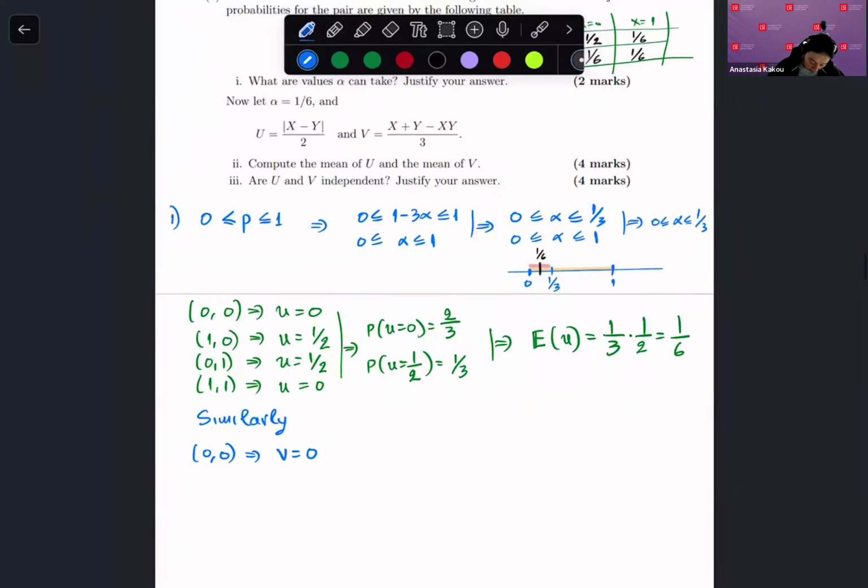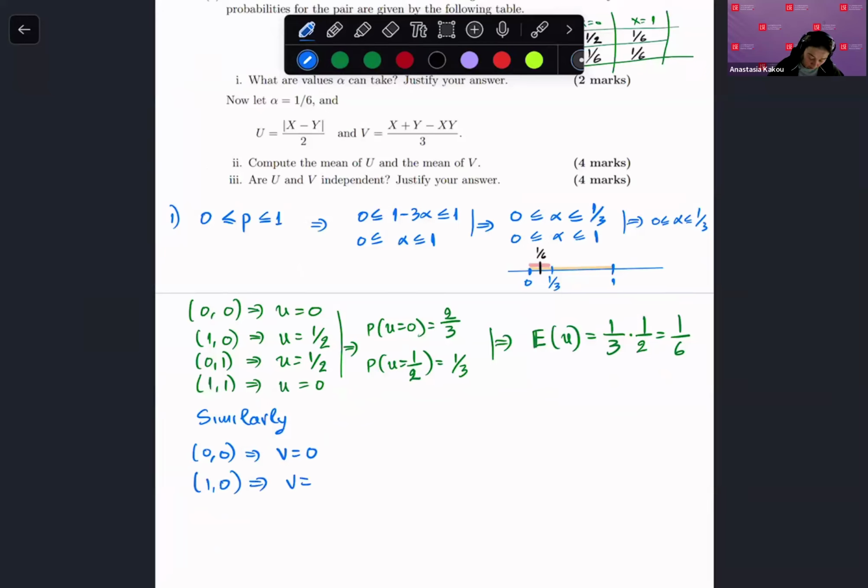Yeah, and then you have 1, 0, v equals 1/3, 0, 1, v equals 1/3, right? And then 1, 1, 1/3.